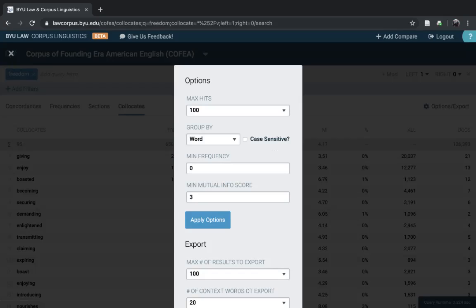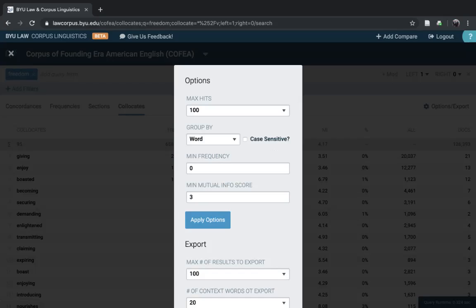Linguists at Lancaster University have identified a mutual information score of 3 as a benchmark. When words have a score of at least 3, a real relationship exists between the two words in the corpus. For that reason, the default setting will always be 3 in COFEA and the other corpora in our interface.